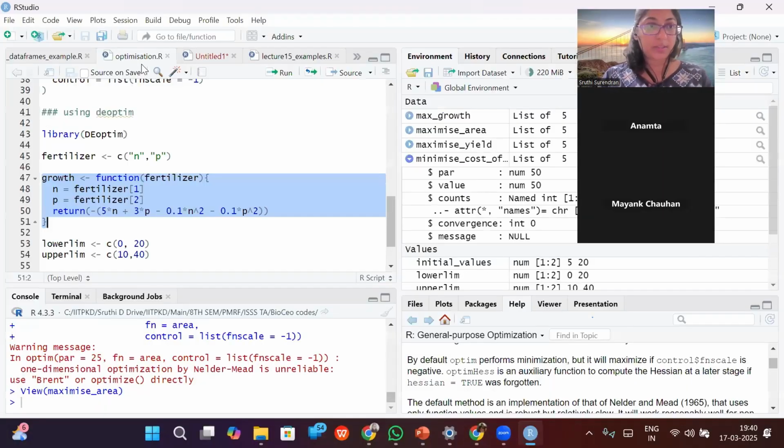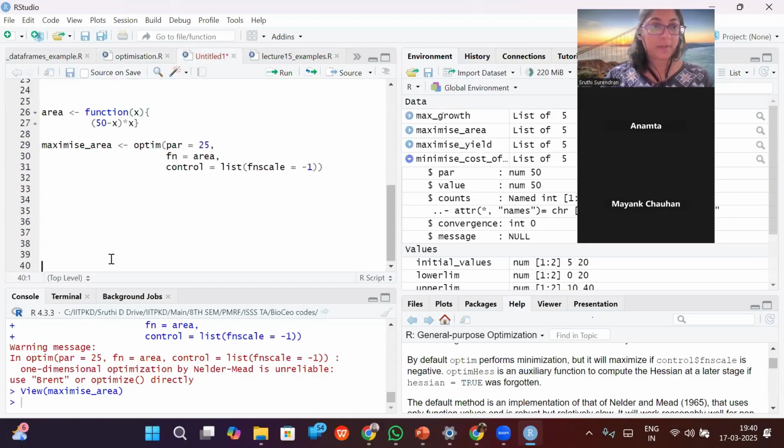In order to do this, first we'll define the function.